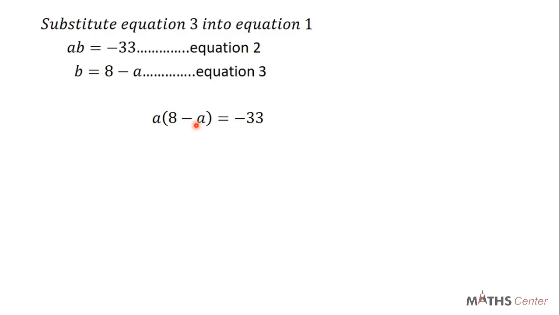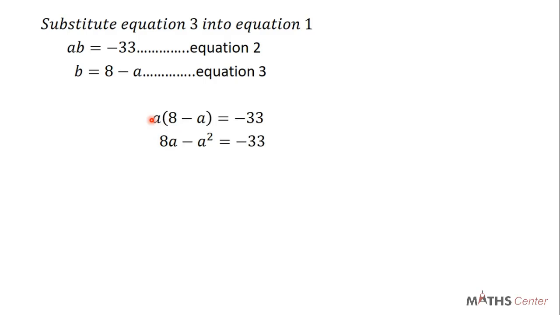If you want more details about this, watch the video on algebraic expressions. So we have A into bracket 8 minus A, which is B, is equal to negative 33. So we replace B in equation 2 with 8 minus A. Okay, so we can now open the bracket and simplify.